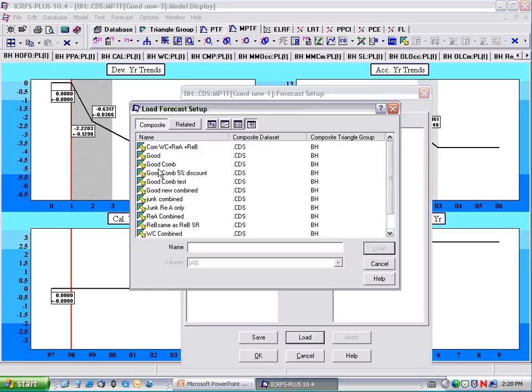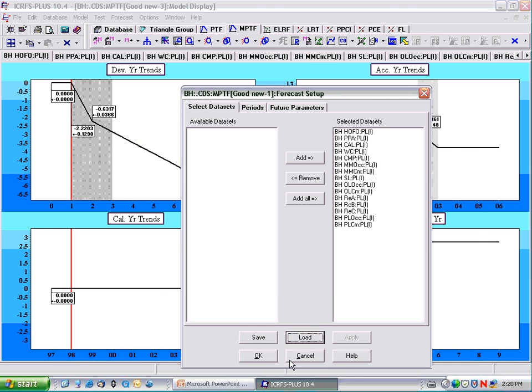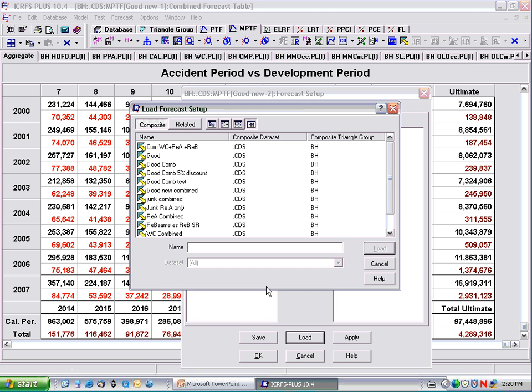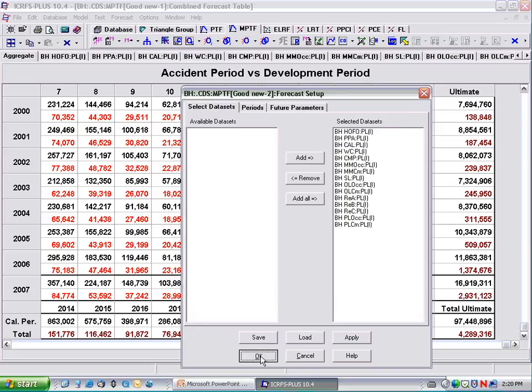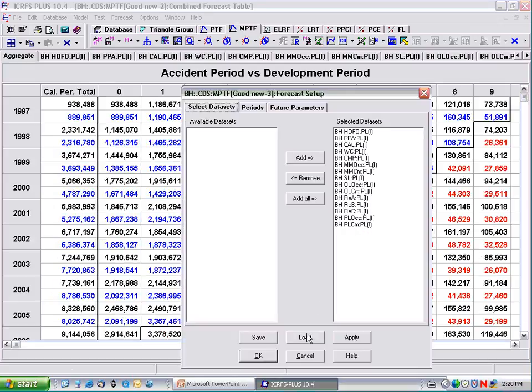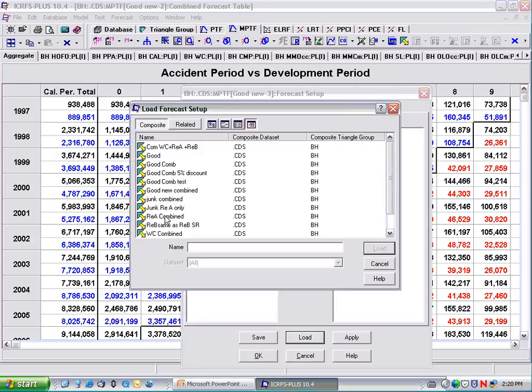So load combined for each one. Okay. That one was fast because we've done it before. So it's the same model just being run 3 times. So we've got the original and 2 copies.